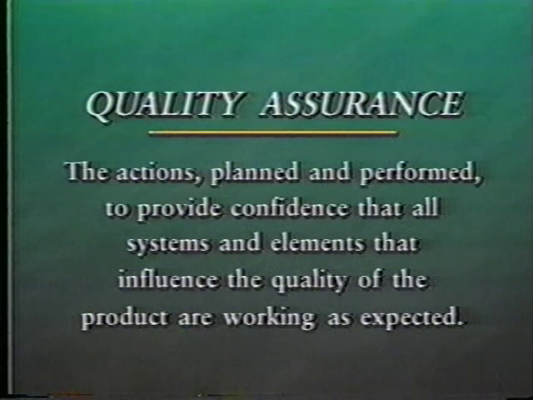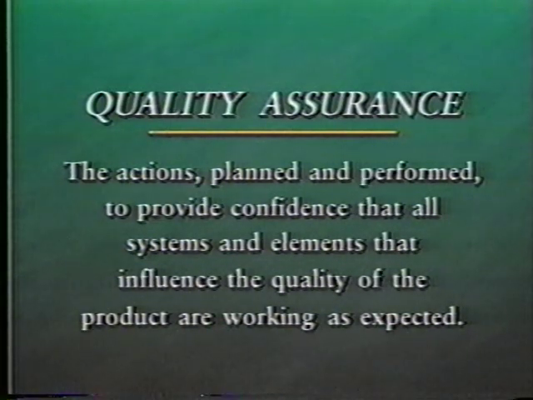Quality assurance is the actions planned and performed to provide confidence that all systems and elements that influence the quality of the product are working as expected. A quality assurance system is designed to accomplish this. Compliance with GMPs is just one aspect of quality assurance in blood establishments.